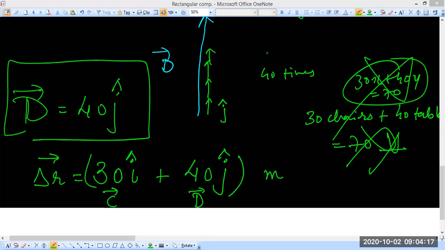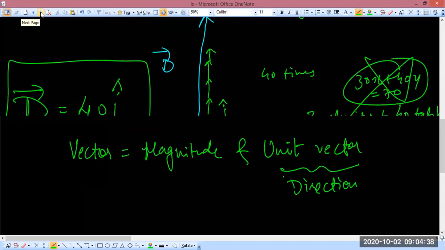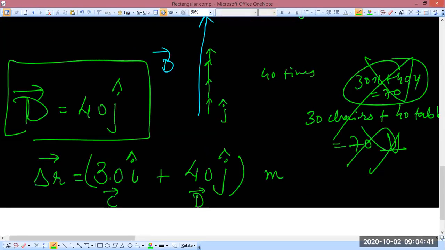Can we divide both of them by 10? Why? On your own, you cannot divide anything, right? If you divide, the meaning will change. You can take 10 common. You can't add these, of course, because they are unlike terms. You cannot add them because this is 30 i caret and this is 40 j caret.